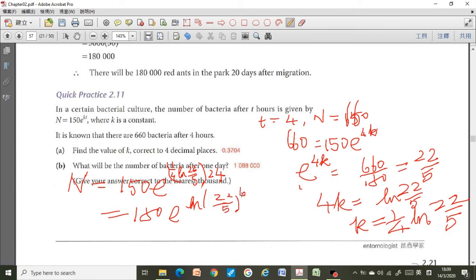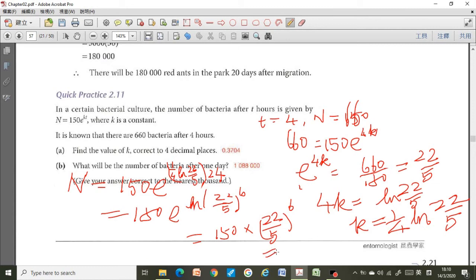Power 6. So that means I can get the answer, e to the log of the expression. So you have 150 times 22 over 5 to the power 6.